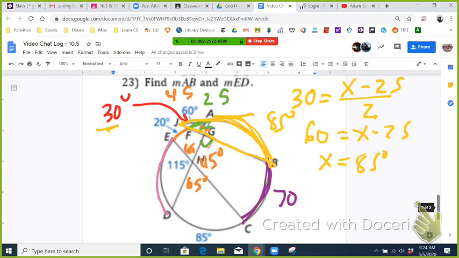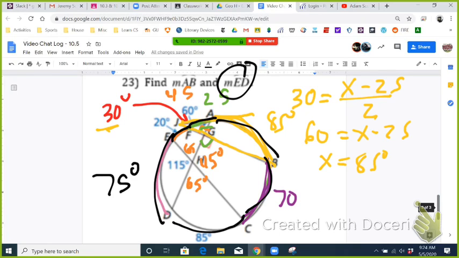So on my calculator here, I'm going to do 360 and then subtract 20 and 25 and 85 and 70 and 85, and I'm left with 75. So that would be ED, and AB was 85.